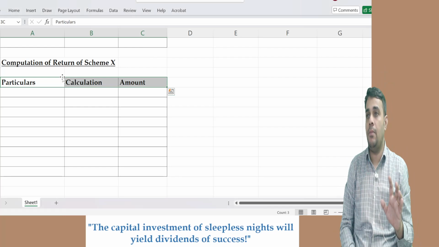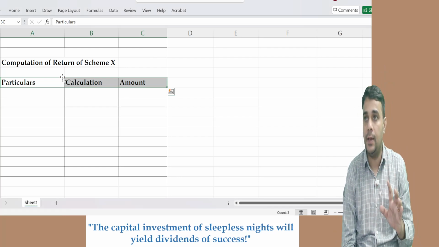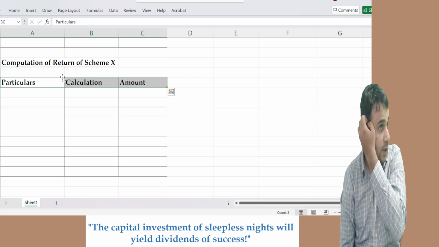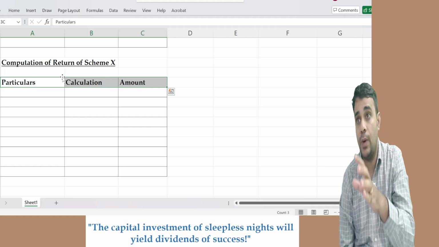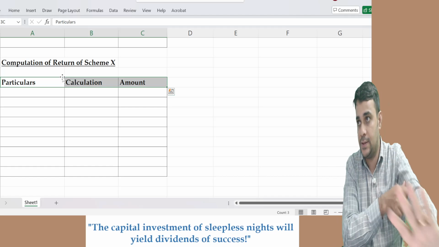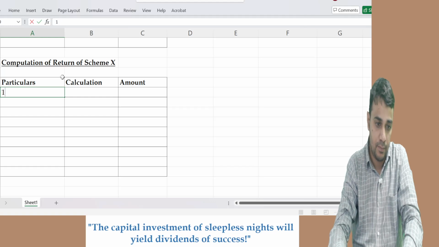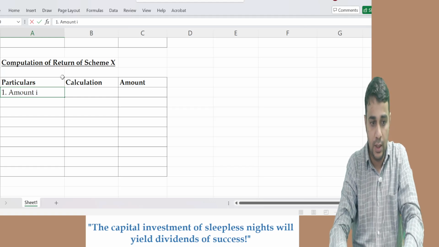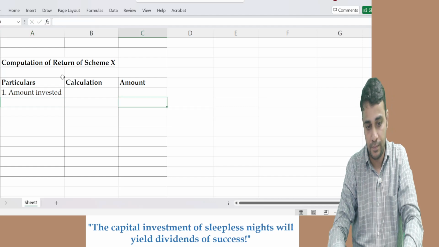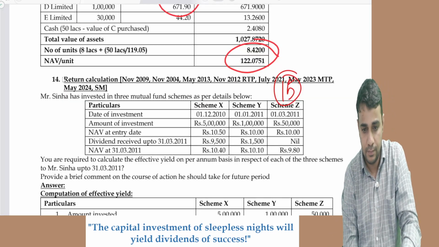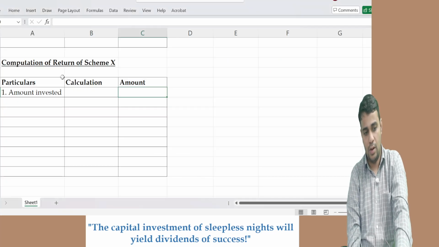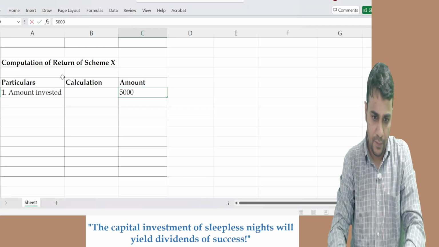The formula remains the same: what I get back minus what I give, divided by what I gave, into 12 by M, into 100. Here it is 365 by number of days. Point number 1, amount invested. What's the amount invested? 5 lakh.